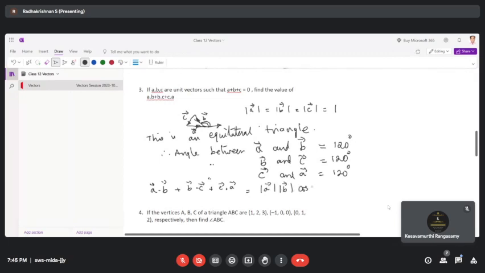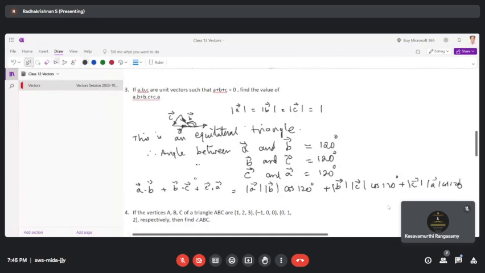We already determined that this angle is 120 degrees.